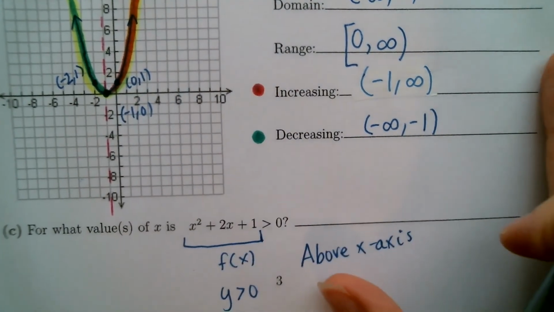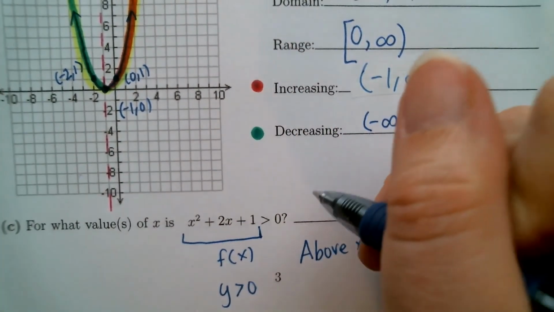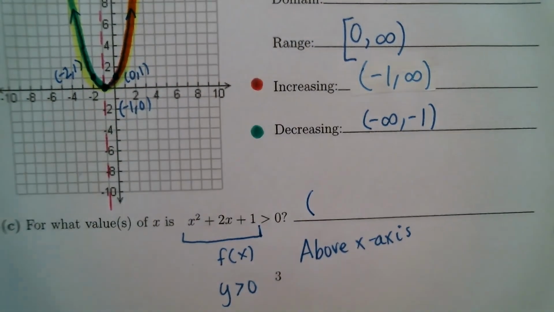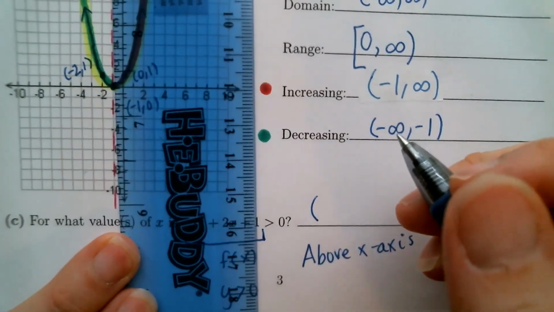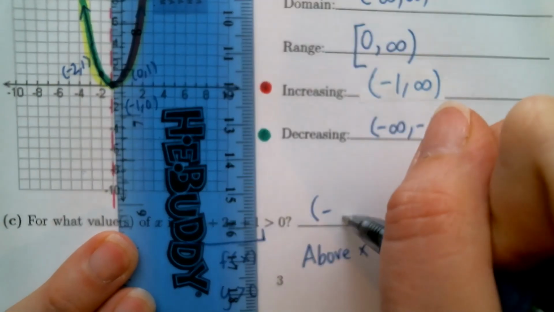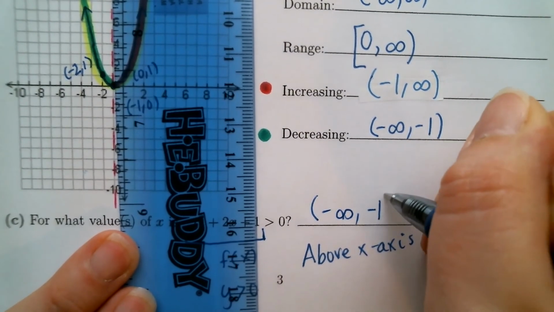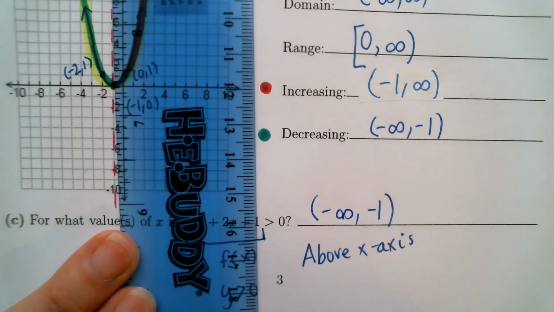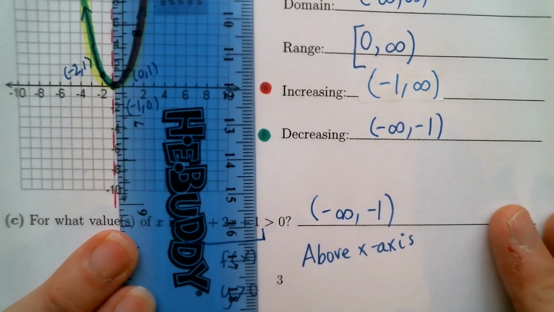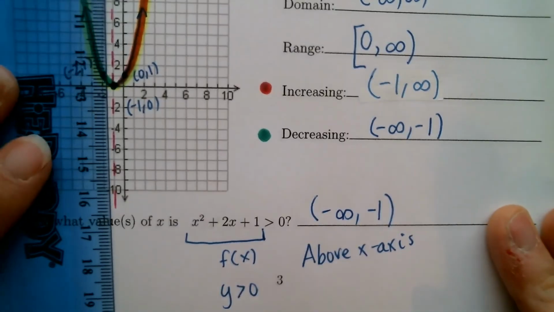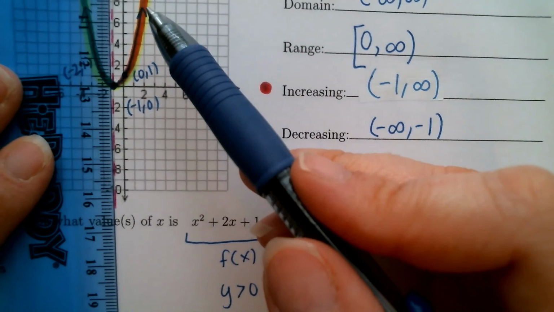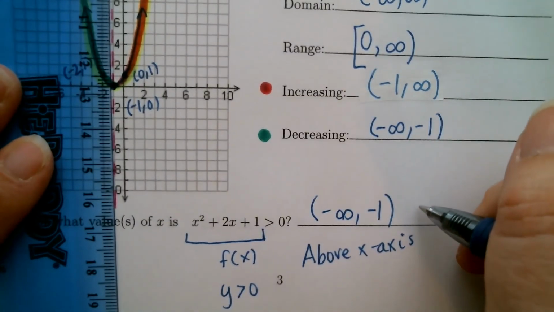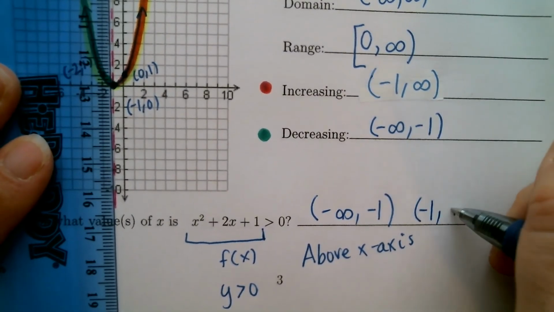So the way we're going to write down the answer is all the x values to the left of the vertex. So cover that up, all the x values to the left of the vertex, from -infinity to -1. We can't include -1 because its y coordinate is 0, and we know the y coordinates can't equal 0. Then our other segment is everything to the right of the vertex, and those are the x coordinates -1 to infinity.